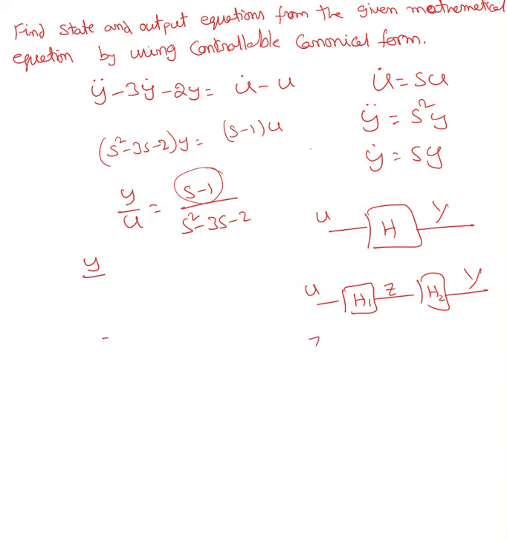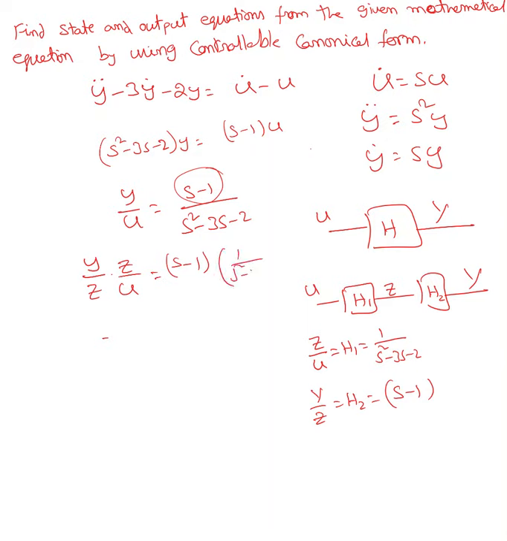So z over u equals h1, which I'm going to write as 1 over s square minus 3s minus 2. Same way, y over z equals h2, which is s minus 1. When I combine these two, y over z times z over u, it doesn't matter which way you write it down, it's basically s minus 1 times 1 over s square minus 3s minus 2.